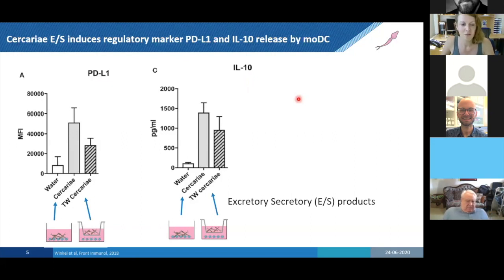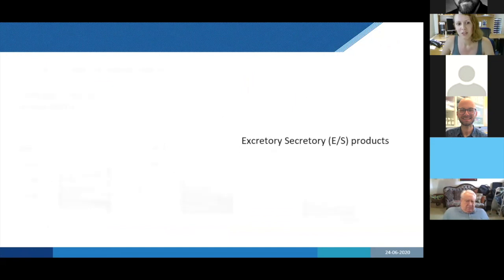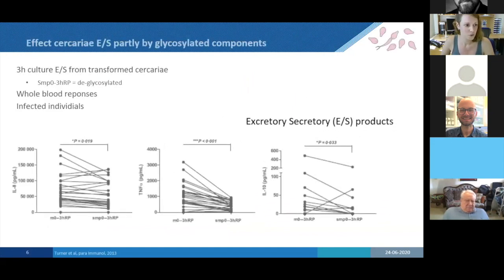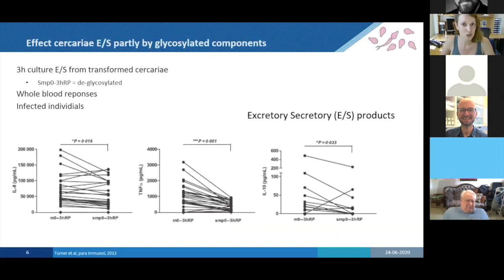And another study has been showing that if you take these ES products from transformed Cercaria that were cultured for 3 hours after their transformation, and you add this to whole blood of infected individuals, there's also an increase observed of pro- and anti-inflammatory cytokines such as IL-8, TNF-alpha, and IL-10.